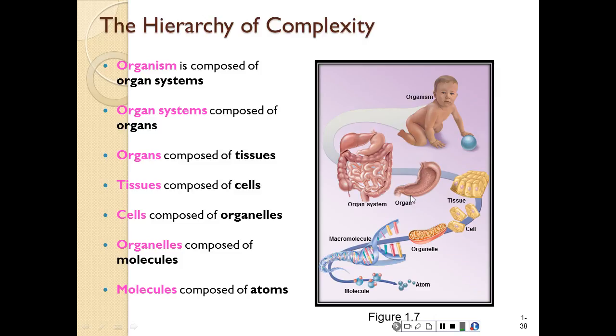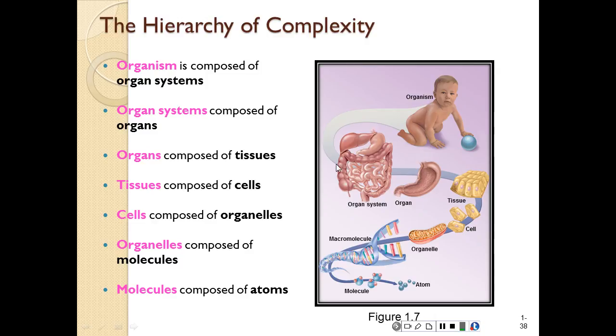Now these organs, when you put them together, what are we going to have? We have various organ systems, such as the muscular system, skeletal system, lymphatic system, urinary system, digestive system. Those are the various systems we're referring to.